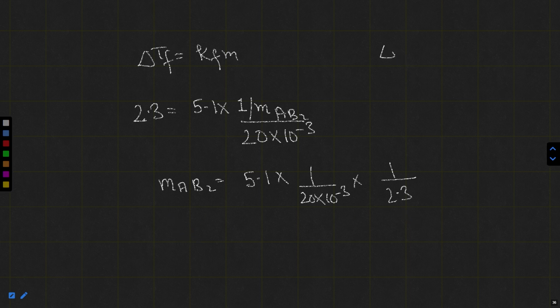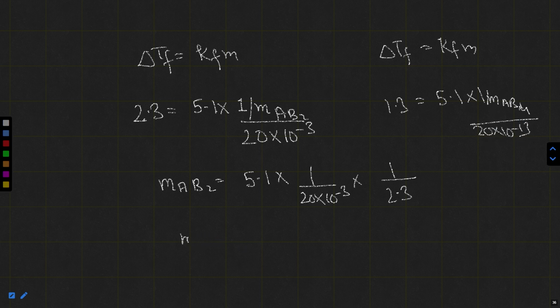And similarly for AB4, it would be 1.3 equals 5.1 into 1 by M AB4 divided by 20 into 10 to the power minus 3. That would bring us to M AB4 equals 5.1 into 1 by 20 into 10 to the power minus 3 into 1 by 1.3.